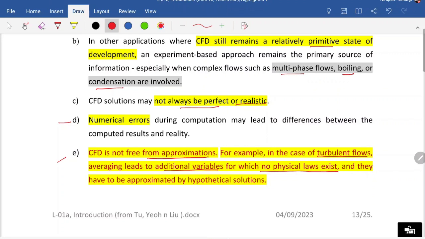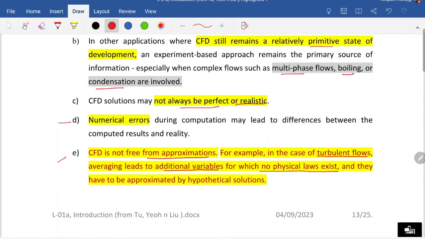So when you try to solve turbulence, you make averaging. When you make averaging, you get unknown variables for which you don't know the physics law, and therefore you have to invent equations to solve them. Invent, because your solution cannot proceed unless you have the same number of equations as the number of unknowns.